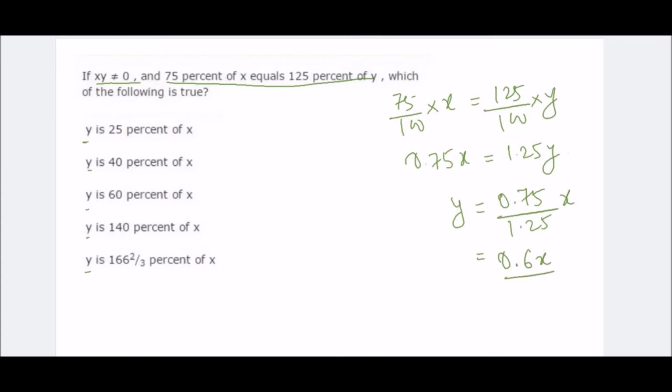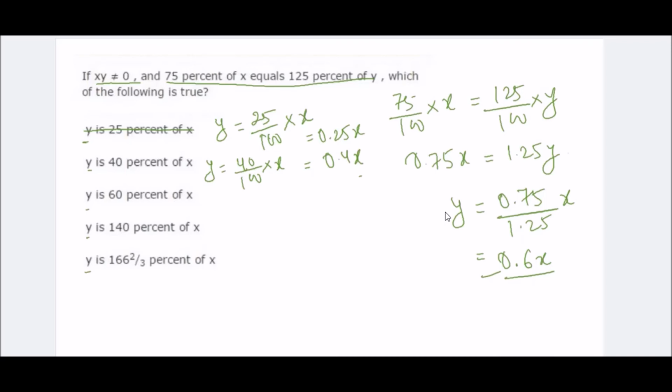Now consider the options one by one. So y is equal to 25% of x, so that will become 0.25x, which is not equal to this. So this is not our choice. Next, see, y is equal to 40% of x, so that will become 0.4x.